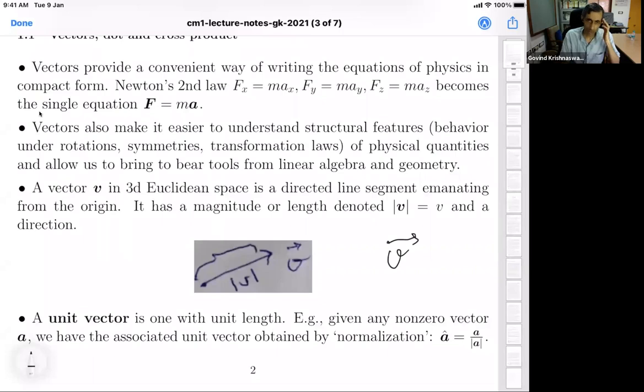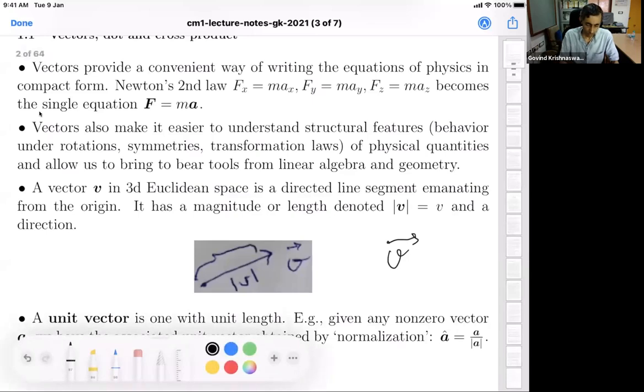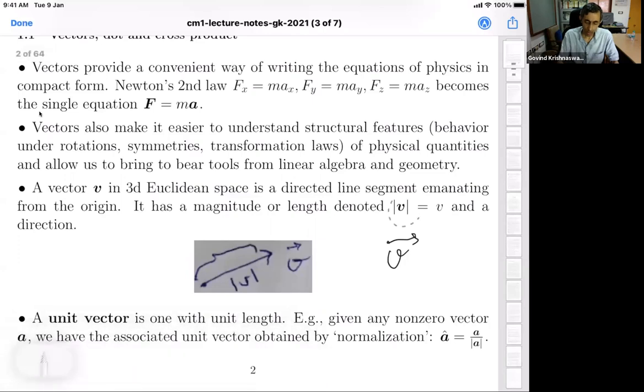Now a vector has two basic ingredients. One is its magnitude, which is denoted by this absolute value sign, or sometimes called the modulus or length of the vector. And that length of the vector itself is denoted with a V without the boldface. So the magnitude of boldface V is ordinary V. A vector also has a direction.